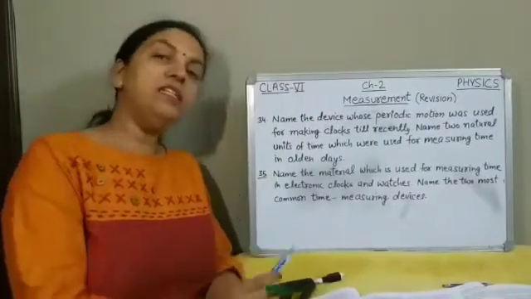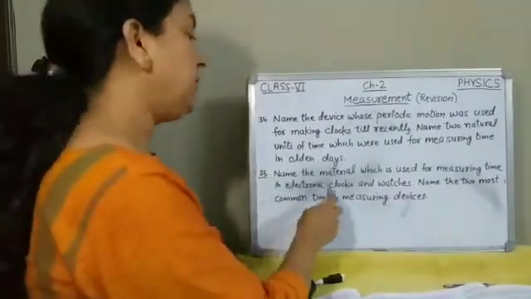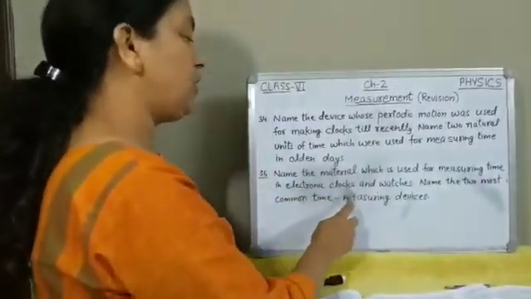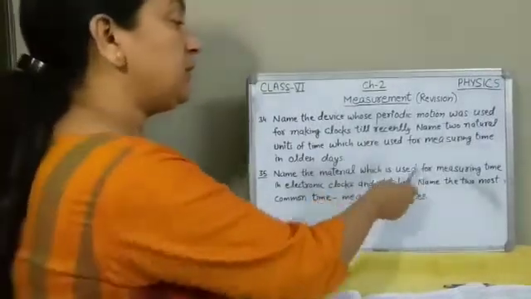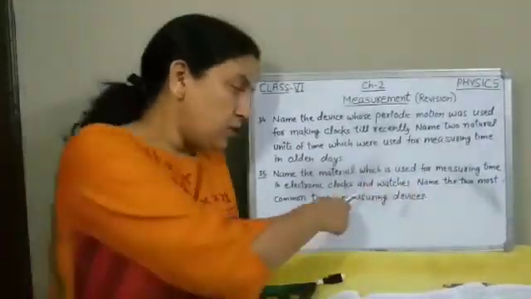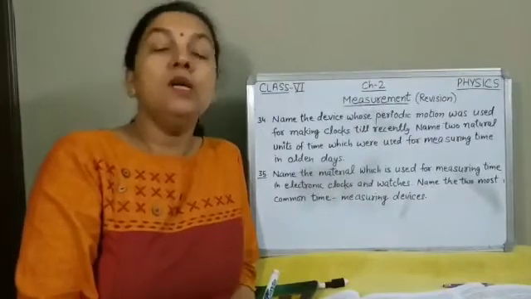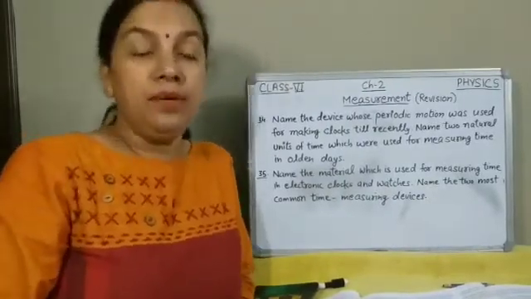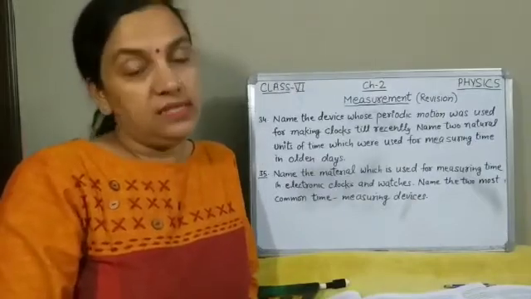Our next question is, name the material which is used for measuring time in electronic clocks and watches. The material is quartz crystal. Quartz is a hard material consisting of silica.